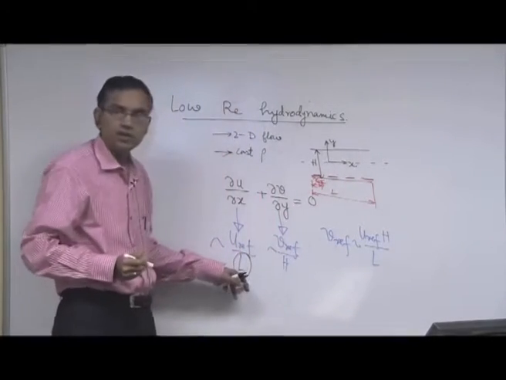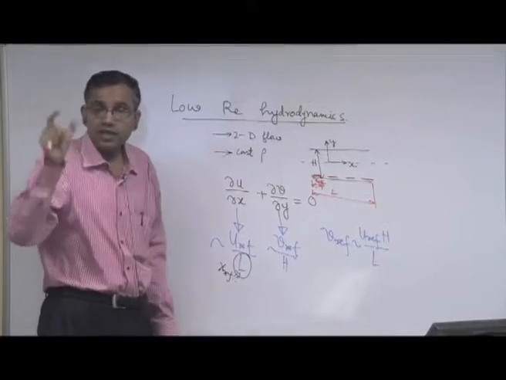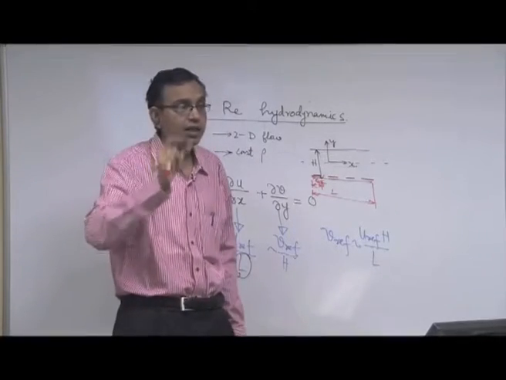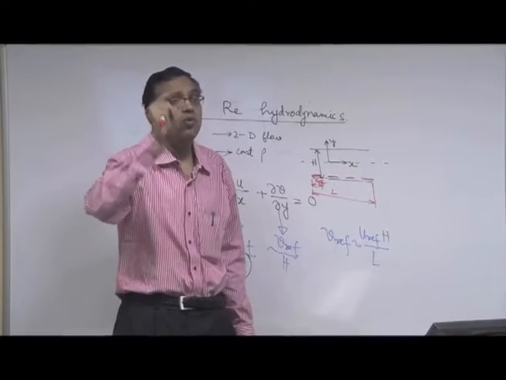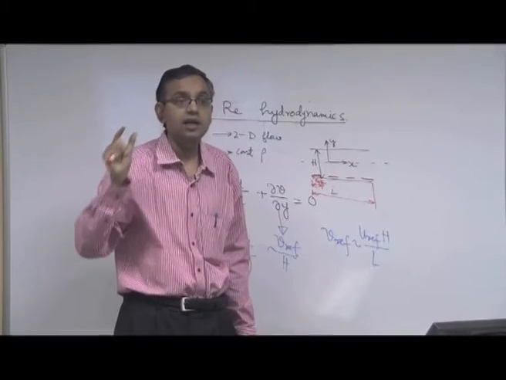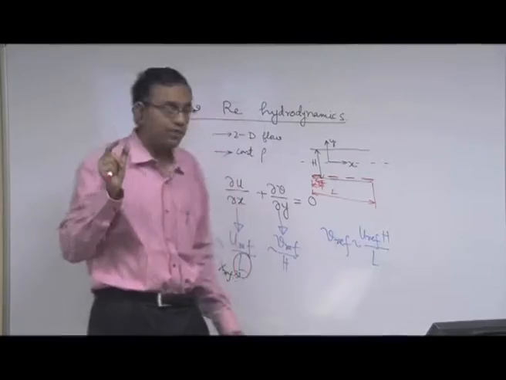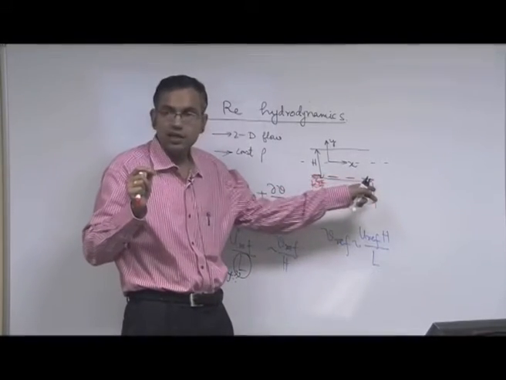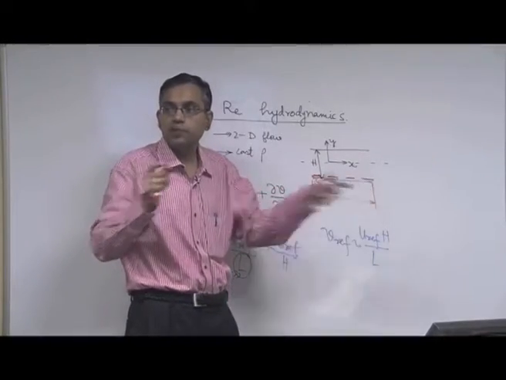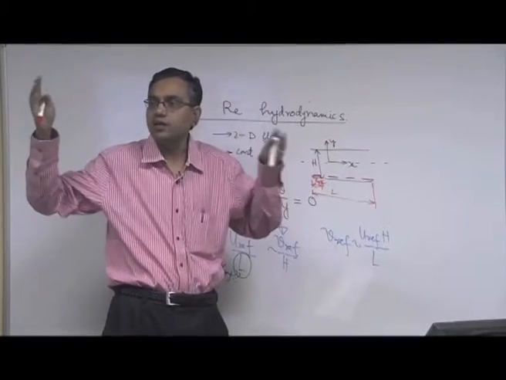So x ref is not equal to L. What is the characteristic length? You must remember the characteristic length is a length over which characteristic changes take place. So if you have a patterned substrate like this, characteristic changes do not take place over the entire length of the channel.